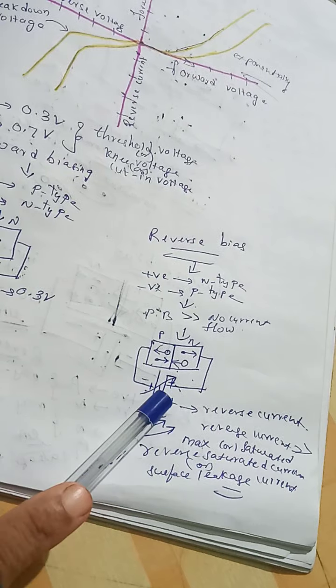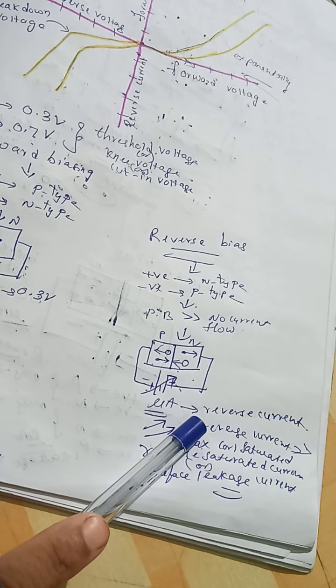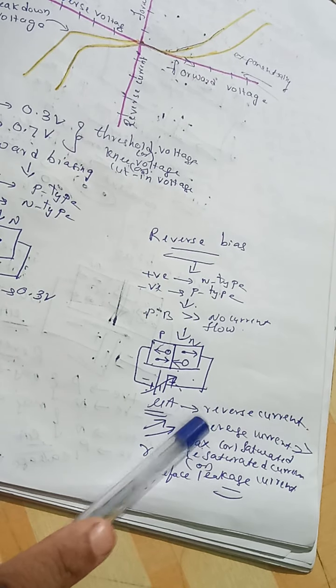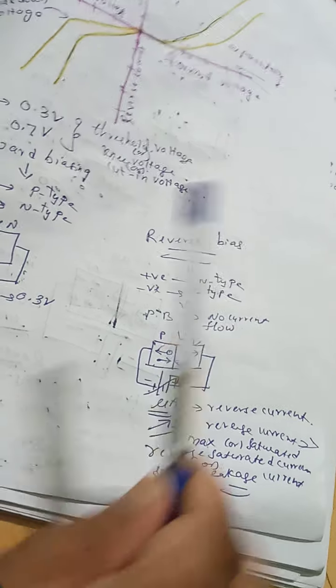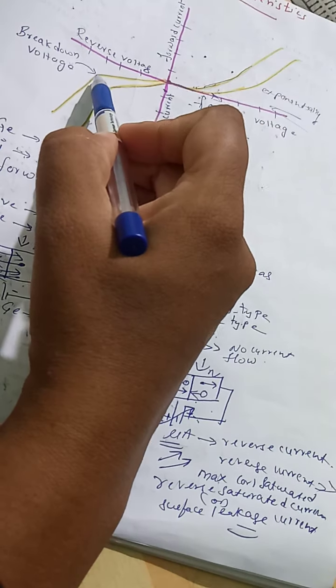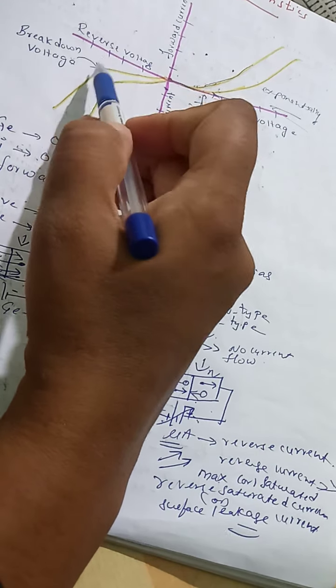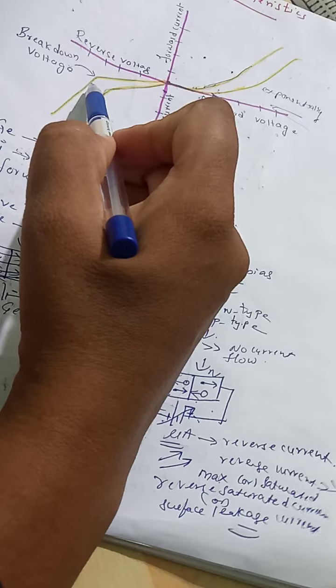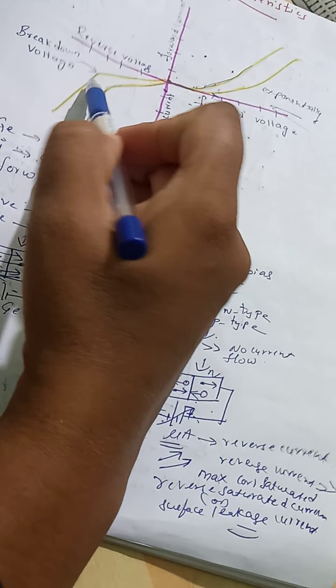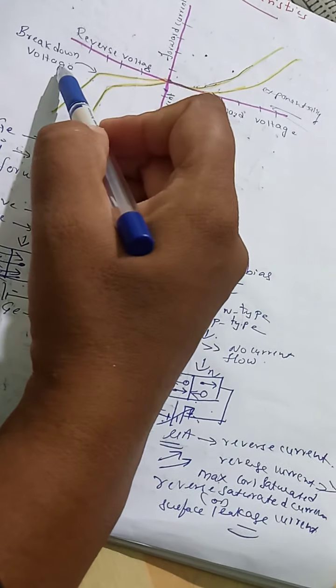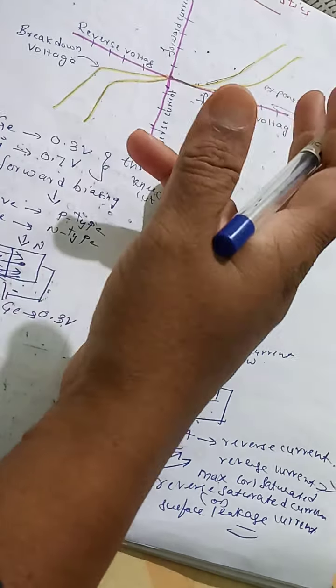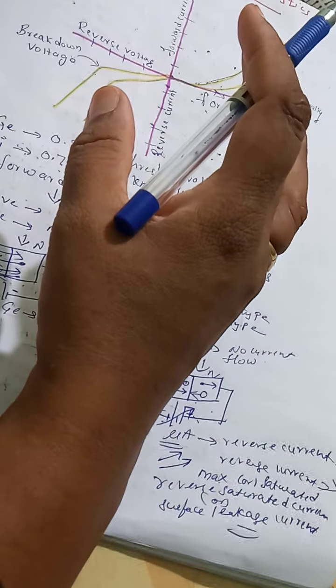Now here also, if you go on increasing the reverse voltage up to a certain value, what happens? Suddenly a breakdown in the junction takes place. So that particular reverse voltage at which the junction breaks down, we call it as breakdown voltage. Now the junction is completely destroyed.